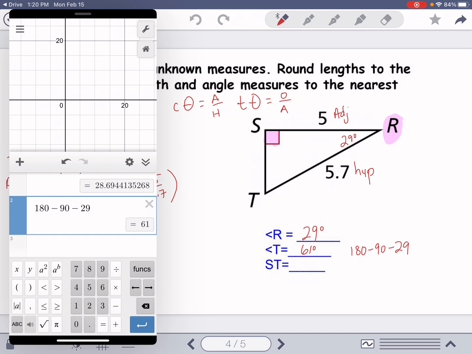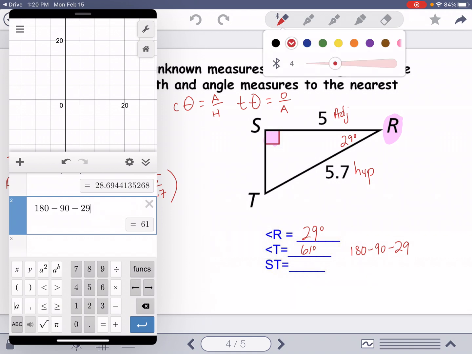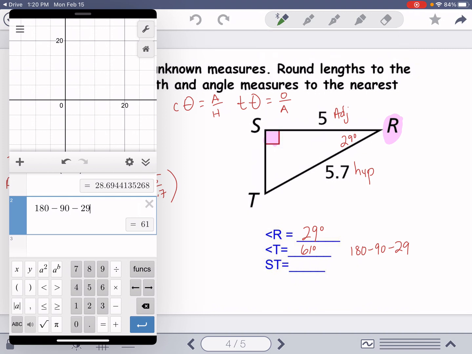All right. Now, how do I find the measure of ST? Well, that's what I was doing last week. I've already done problems like that. So let's set this up, and I'm going to say X goes there.